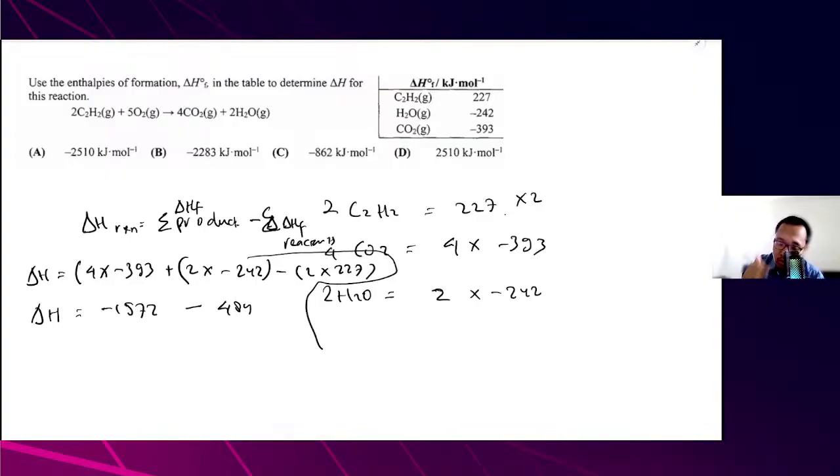And then the last step is just to count the overall. The total is minus 2506 kilojoules. However, the question is delta H for this reaction.